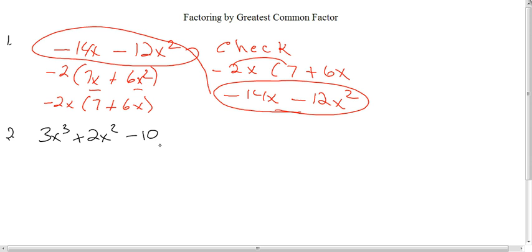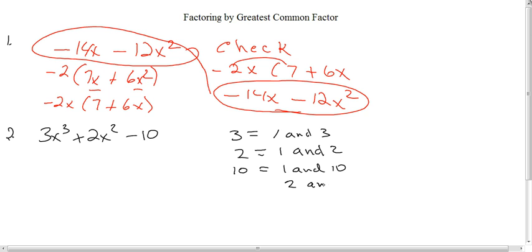Now we go to our coefficients and we look at 3, we look at 2, and we look at 10. What are our factors of 3? Well, of course, our factors of 3 are 1 and 3. Then our factors of 2 are 1 and 2. And of course, the factors of 10 are 1 and 10, and we have 2 and 5.